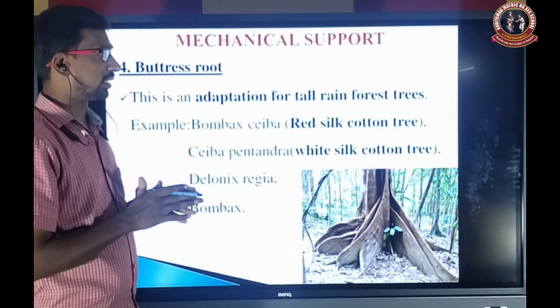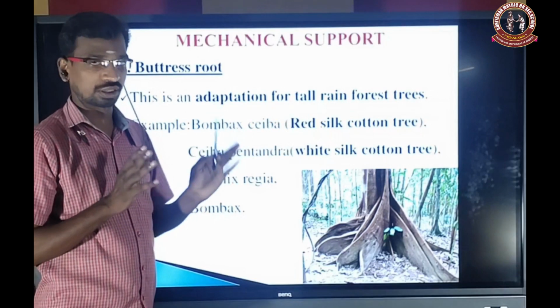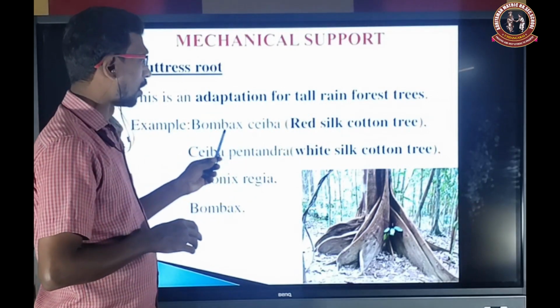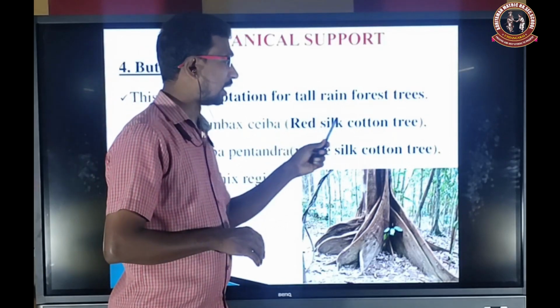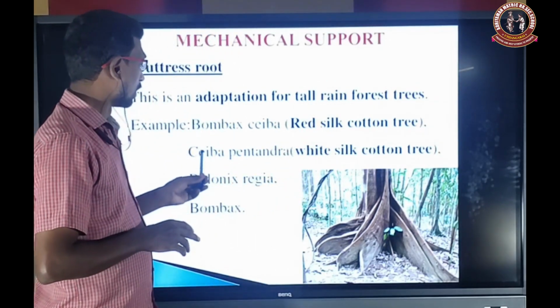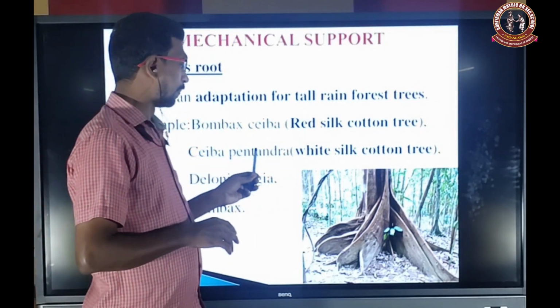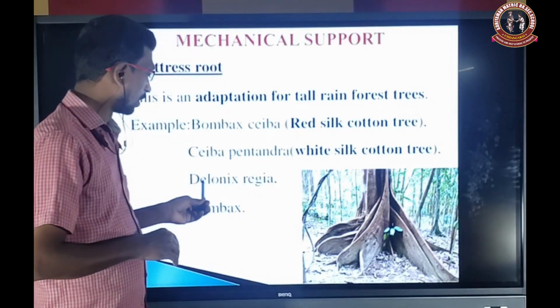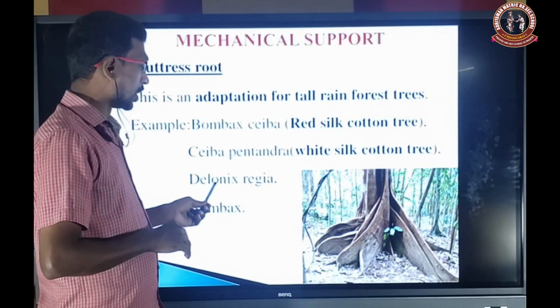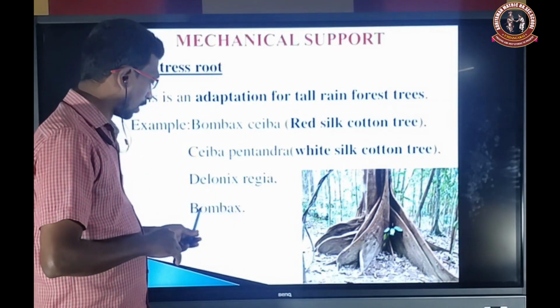This is an adaptation for tall rainforest trees. Example, Bombax ceiba, that is red silk cotton tree, and Ceiba pentandra, white silk cotton tree, and Delonix regia and Bombax.